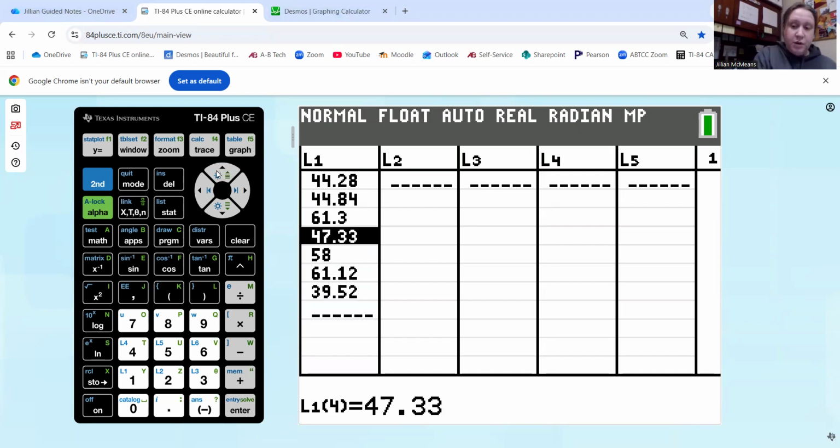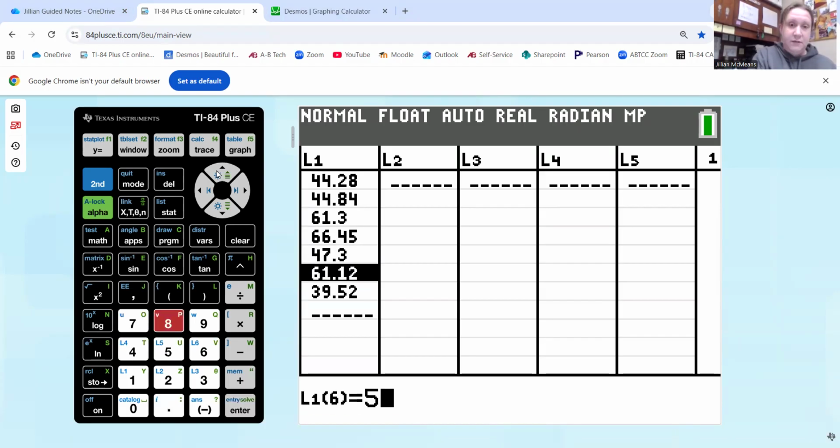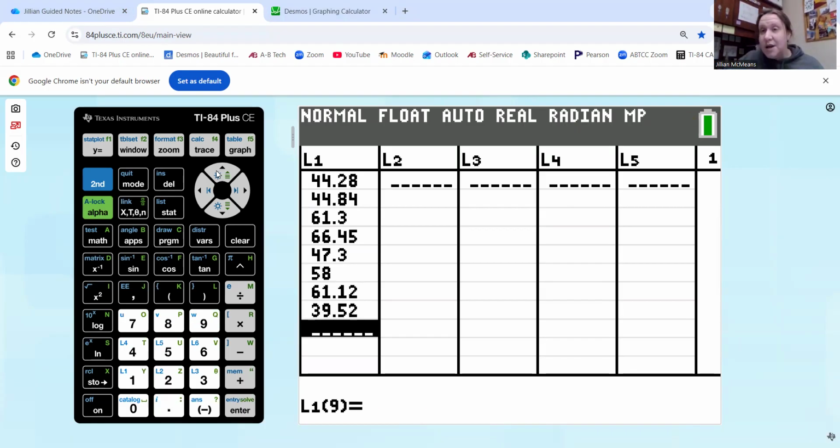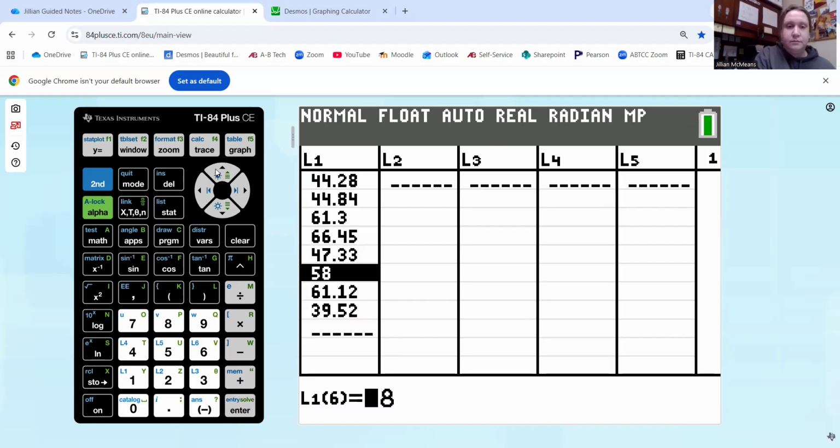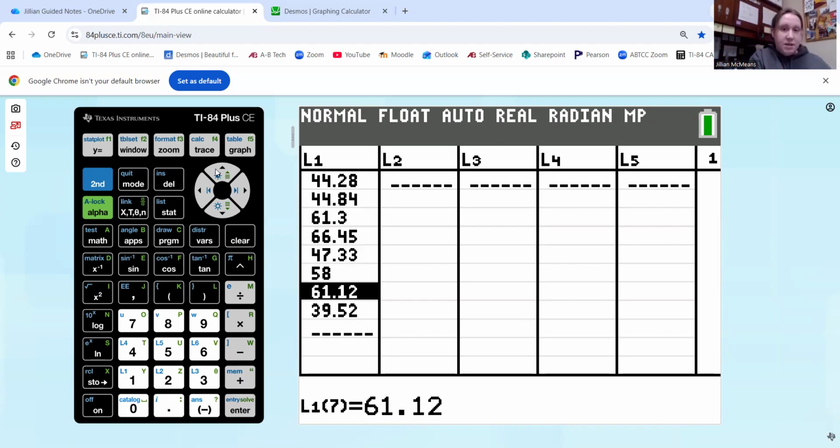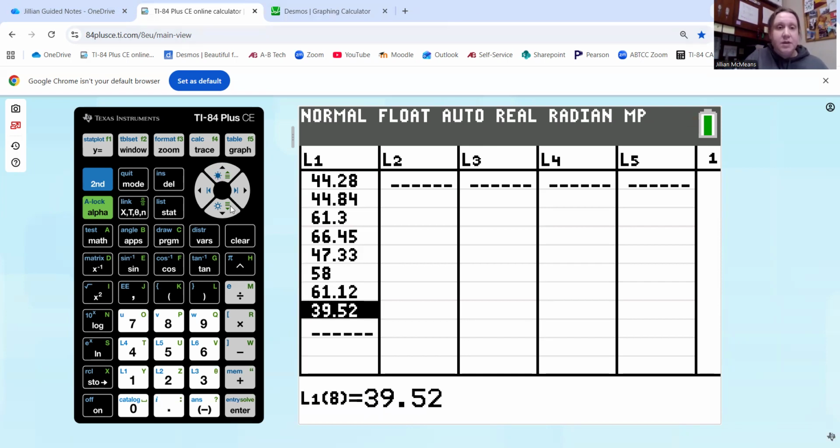After 61.3, we had 66.45, 47.33, 58, 61.12, 39.52. This is exactly why you always check yourself. You get too confident and skip one. All right, now let's do the Y's.